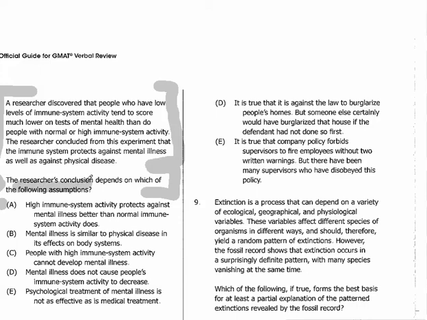You're not interested in the overall thrust of the argument. You're interested in the researcher's conclusion, and it's important to take that out of the question stem and make sure that when you're reading the argument, you're reading it with a particular aim to understand the researcher's conclusion. You also know that you're going to be looking for an assumption underlying the argument, so that helps you read the question in the most intelligent possible way.